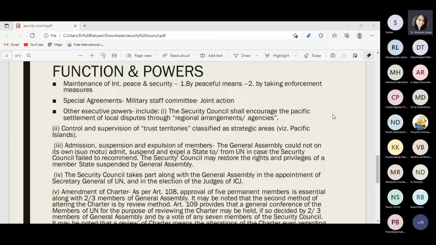The first thing that they do is advise and assist the council on various military requirements as and when required. Also, employment and command of the armed forces available at the council's disposal, and also regulation of armaments as well as the ideology of disarmament. This committee is responsible for deciding the strategic directions of the armed forces at the disposal of the council.